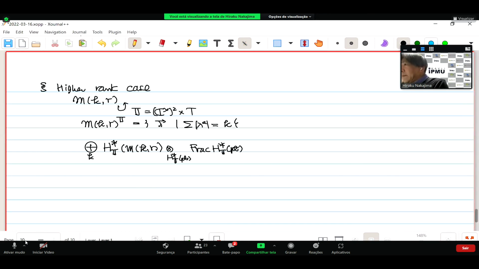Okay. So as I said, this has a basis by the fundamental classes of fixed points. And if I just take the direct sum over all k, then I don't have any condition on the Young type. So this is R-tuples of partitions.